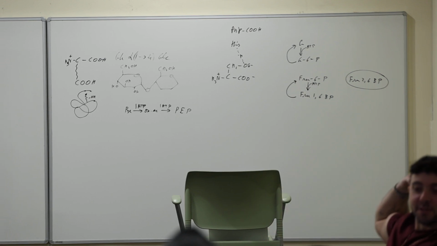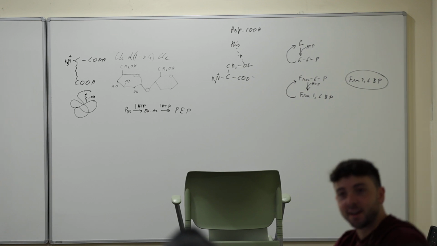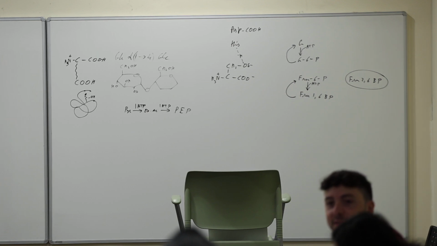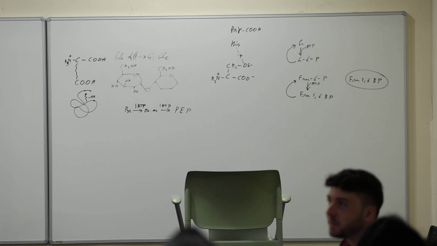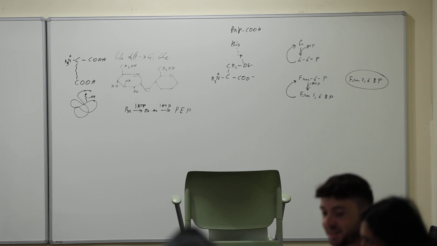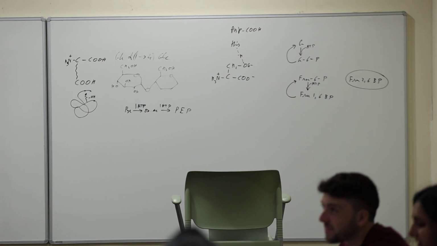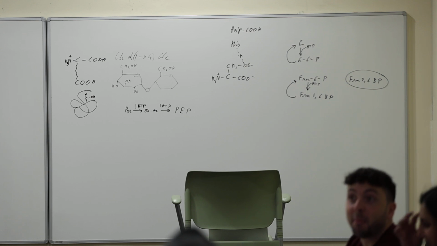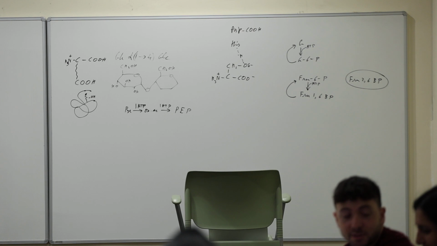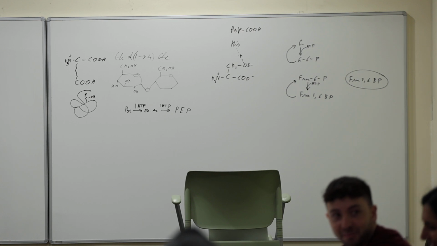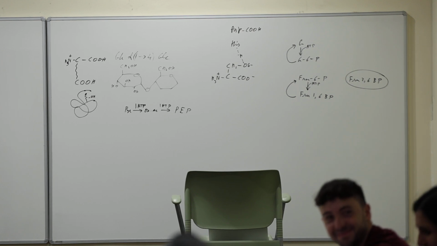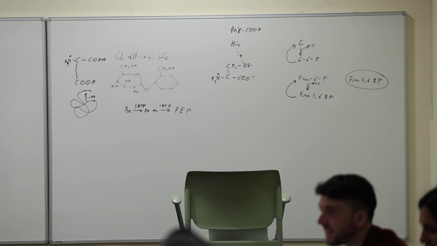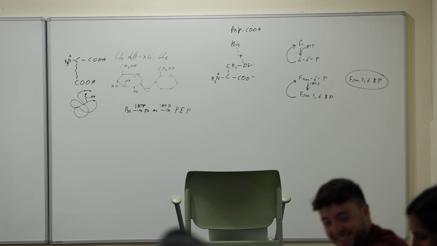These are added to the buffer in small amounts, like millimolar concentration. They are added to all buffers so that it's a reducing environment. Otherwise, the cysteines will get oxidized easily, and you don't want that.